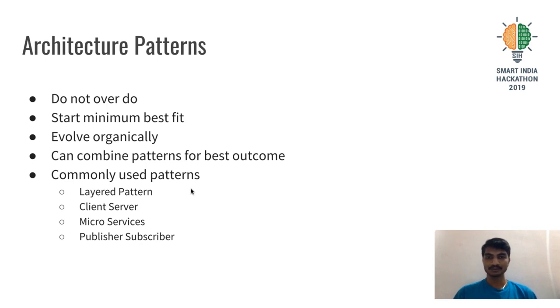So what should we do? Start with a very simple best-fit pattern first, and when the application grows we may be able to grow our pattern also. So just grow it organically, and that will help our system to be simpler and effective.